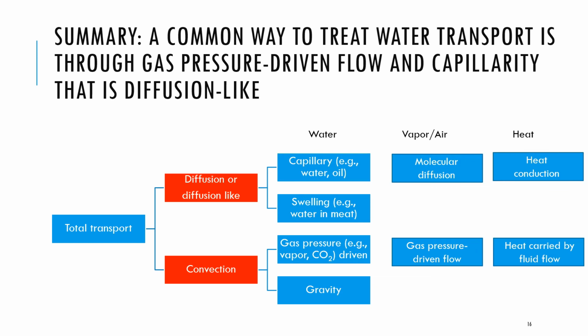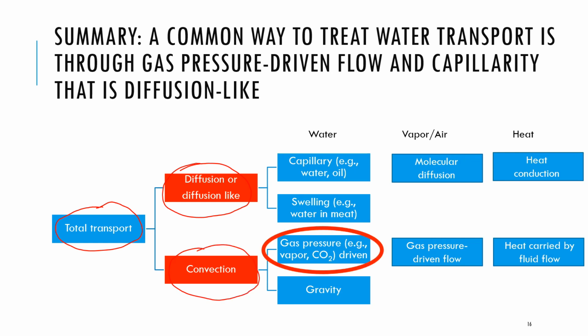So for that, if we summarize using this picture we had before, where total transport is divided into diffusion-like or convection-like. In case of water, then we have the convection or the gas pressure driven flow.